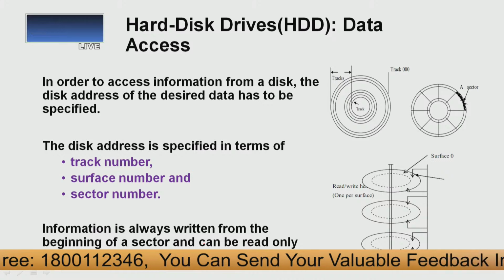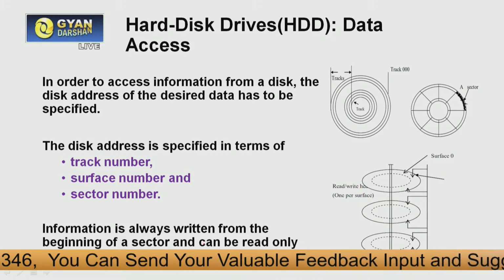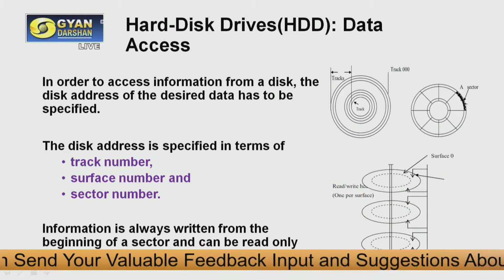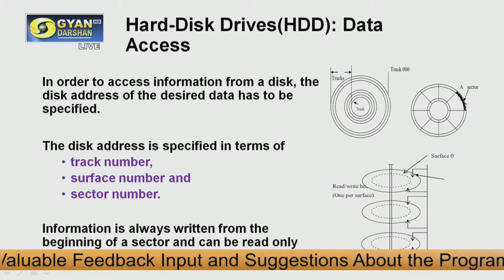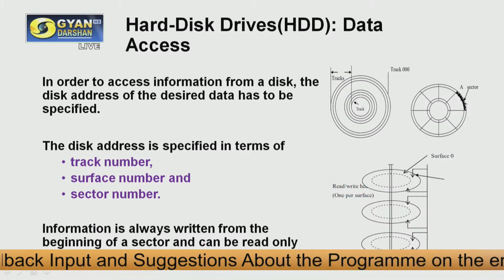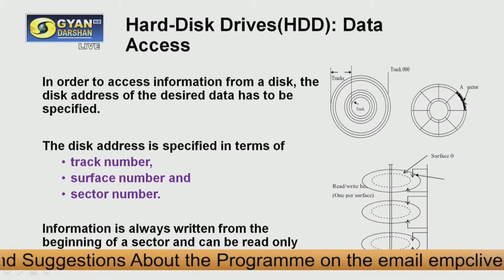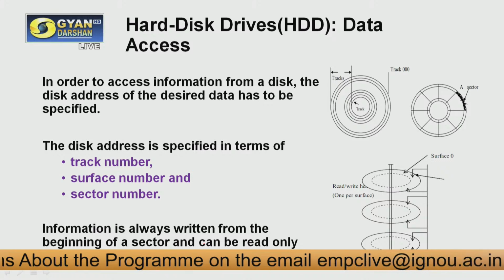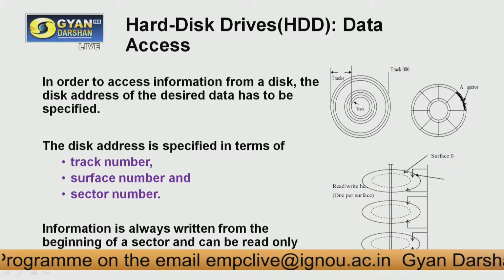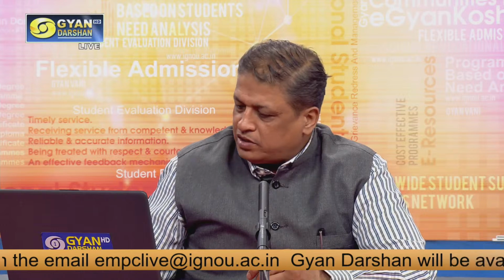So the disk address is specified in terms of track number, surface number and sector number. These 3 parameters are very much required to access the information from the disk, and the data is always written from the beginning of the sector.